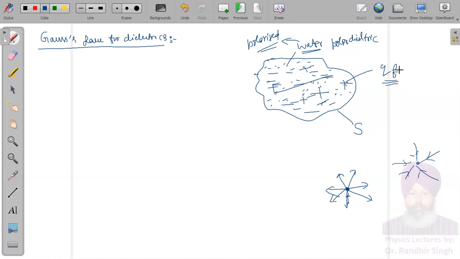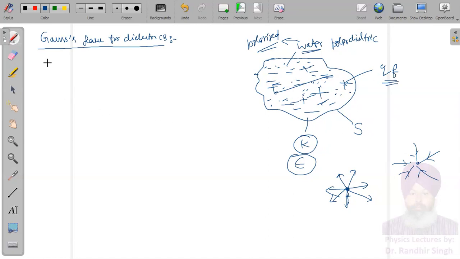We have charged them, then put them in the water. After charging them, these iron particles are put in the water. So this surface contains a medium. That medium has a dielectric constant K. Its permittivity is epsilon, and this medium contains some free charge Q_F.